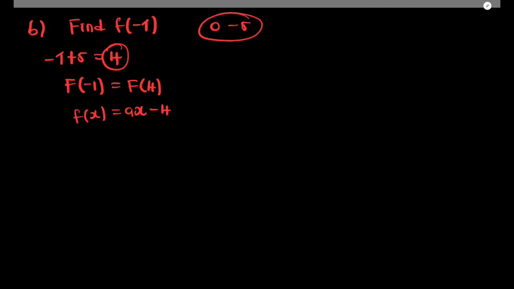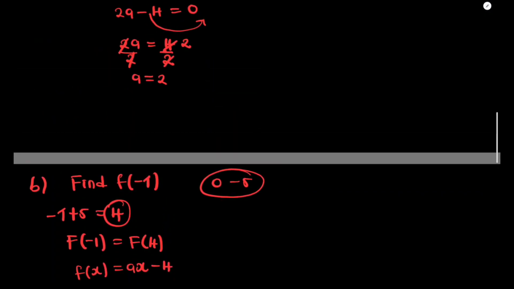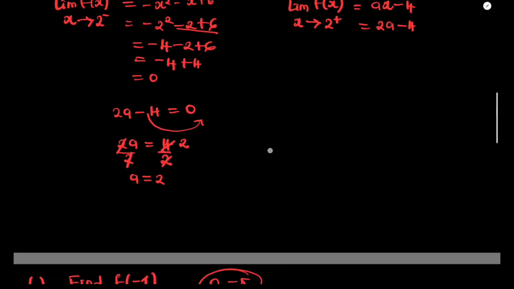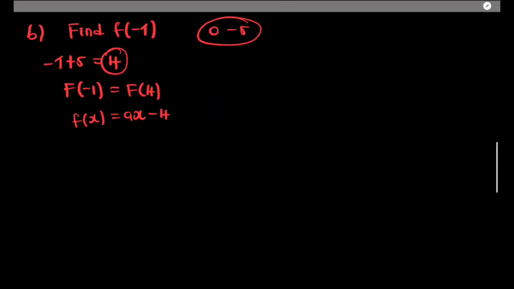So here, we are going to substitute 4 in this equation. We have ax minus 4, where a is a constant. But when we were asked to find the value of a, we had that a was equal to 2. So we are just going to put it here: 2x minus 4.